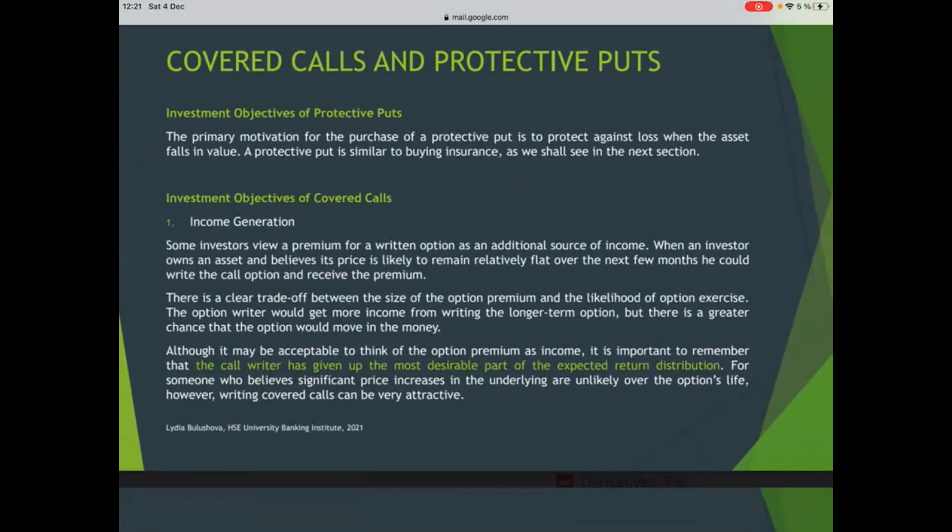So who needs protective puts? Those who need insurance need protective puts. It's quite simple. And who needs covered calls? Sometimes investors write options to get a premium, and they consider these premiums an additional source of income.